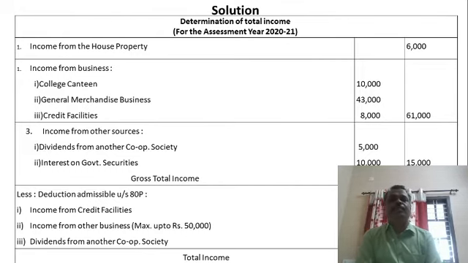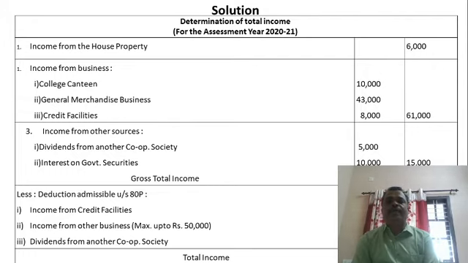Second, income from business. College canteen business 10,000. The cooperative society has a canteen at the college premises, so 10,000 is the college canteen income. General mercantile business income 43,000. The cooperative society has general business buying and selling activities, 43,000. It also provides credit facilities to the members.